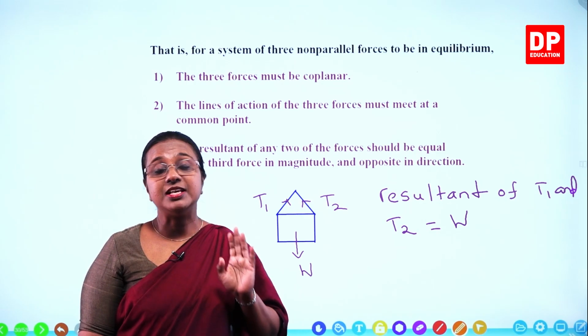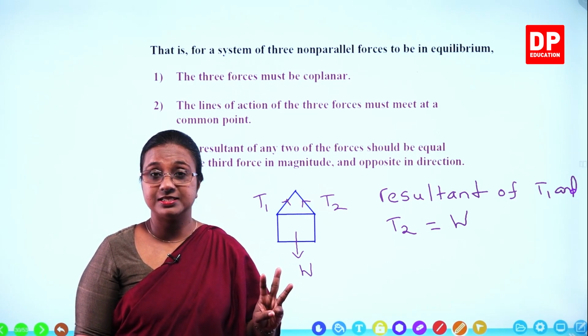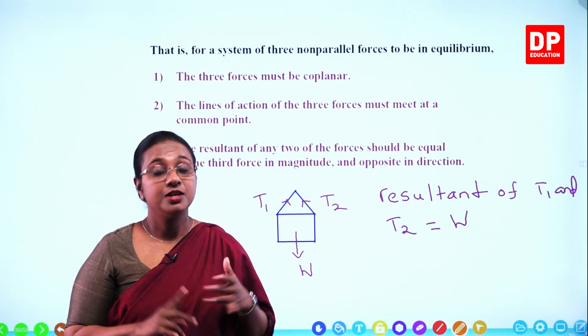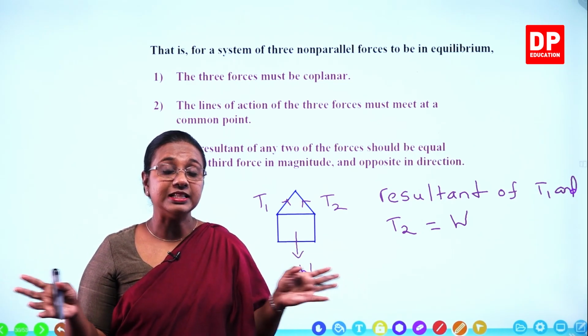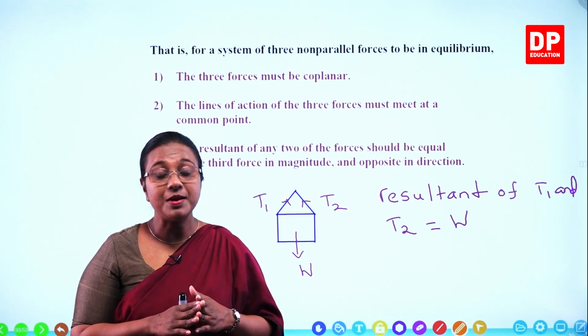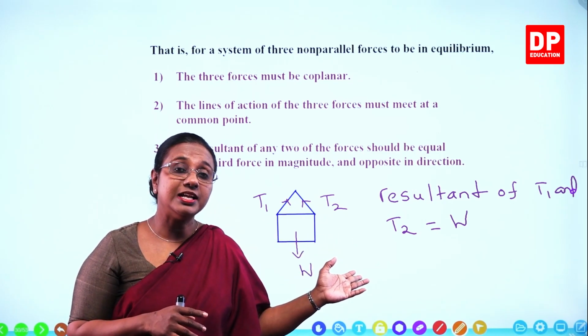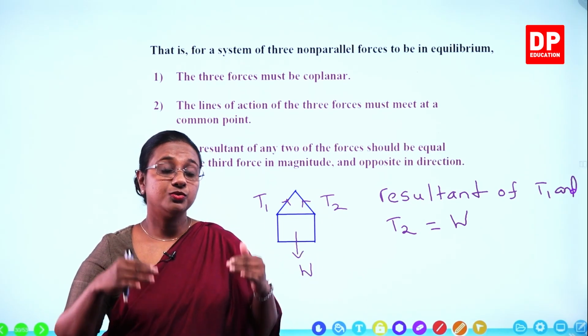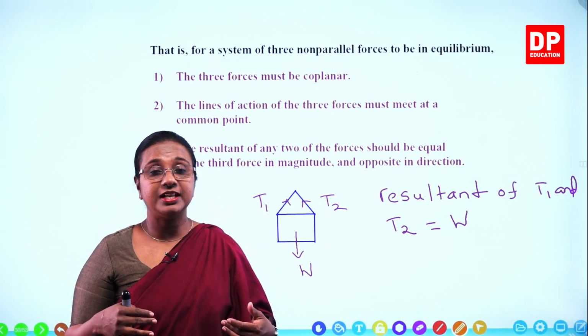So far we have discussed three different instances. Equilibrium of an object under two forces. So they have to be collinear, they have to act in the opposite direction, and they have to have the same magnitude. Then we looked at an instance where there were three coplanar parallel forces. So two forces acting up and one force acting down.